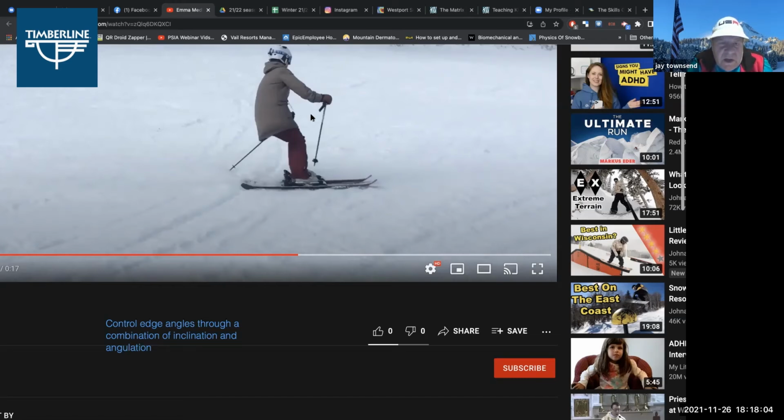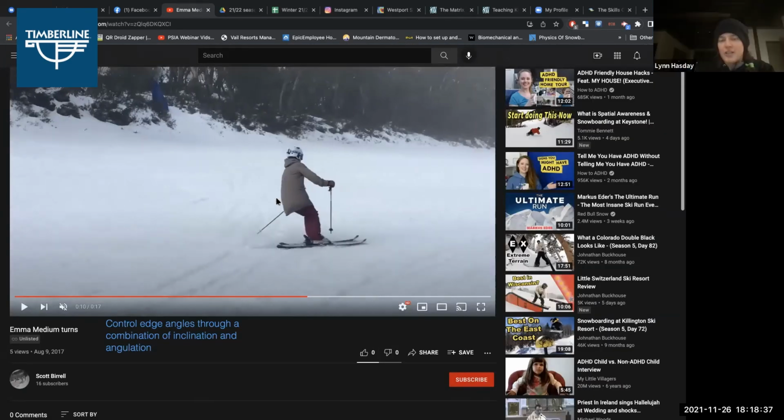And I see inclination because we see the edges of the shadows, to use your phrase, the shadow of the uphill ski more than the downhill ski. From my perspective, if her hips were pushed more into the uphill, into the snow, that would show more angulation in my view.